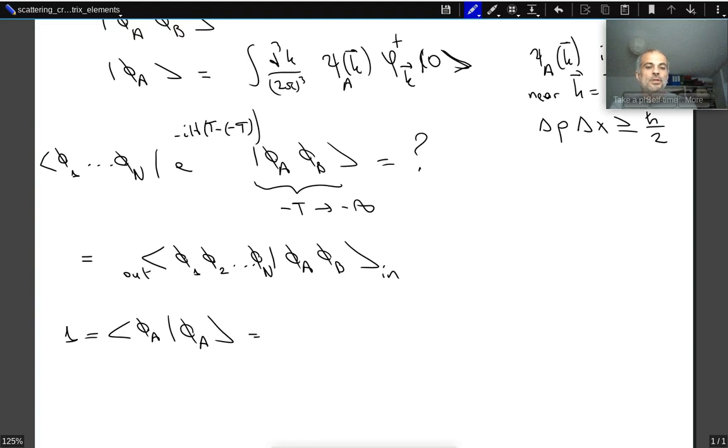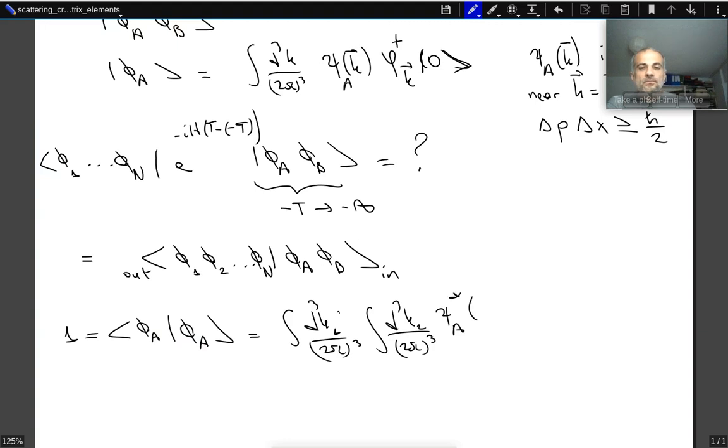If it is normalized to 1, then if you write each one of the bra and the ket in terms of these states, let me take the integrals out: d cubed k1 divided by (2 pi) cubed, let's say k1 is the integral corresponding to the bra, and then we have d cubed k2, the integral corresponding to the ket, and we have psi A star of k1, psi A of k2, and the matrix element of phi of k1, phi dagger of k2, right.